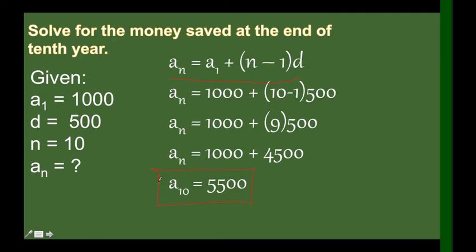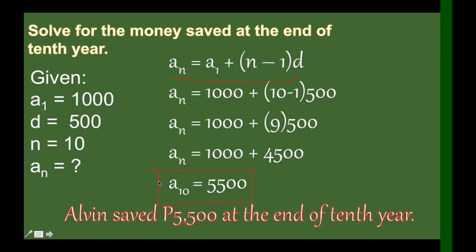That is the money that he will save in the 10th year. That is not the total. It is not the total amount of money; it is the money that he needs to put in, because every year he adds 500. So that is the money he needs to save in the 10th year, but it is not the total from the first year to the 10th year. If you get my point.